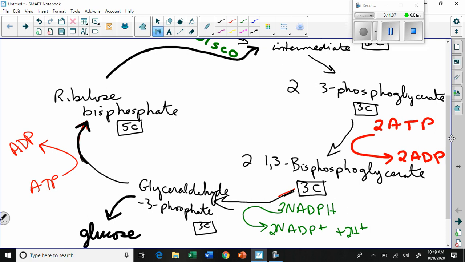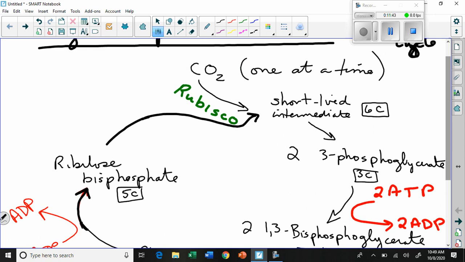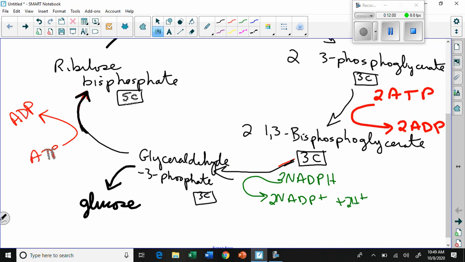Okay, so what happens here in terms of numbers? If one carbon dioxide goes through, you can see how it'll add to the 5-carbon ribulose bisphosphate and produce this 6-carbon short-lived intermediate, which breaks into 2 phosphoglycerates and produces 3-carbon molecules. And that turns into the bisphosphoglycerate, 2 of them. But in order for the process to continue, we need to have 6 glyceraldehyde molecules.